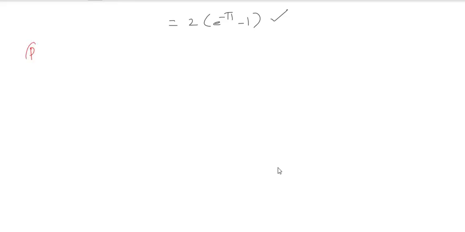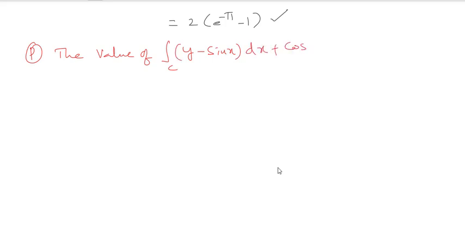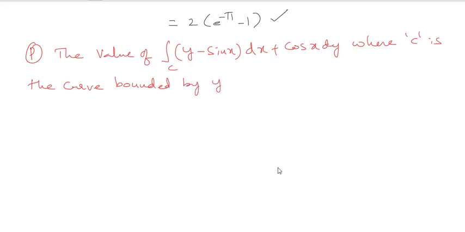Next problem. The value of the integral over C of (y minus sin x) dx plus cos x dy, where C is the curve bounded by x equal to 0 to pi by 2 and y equal to 0 to 2x by pi.